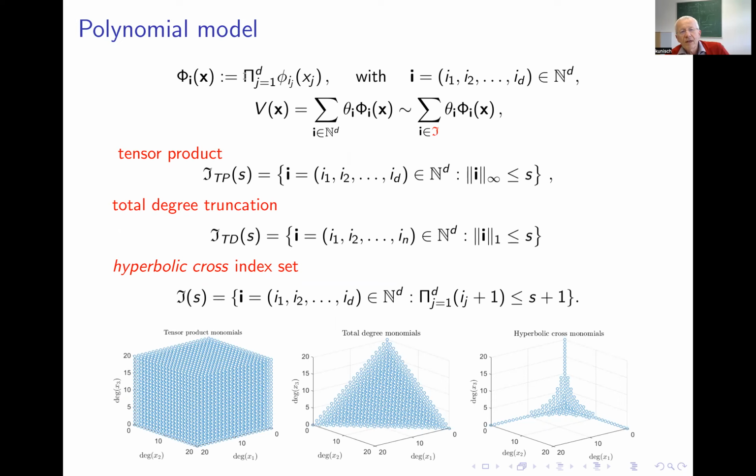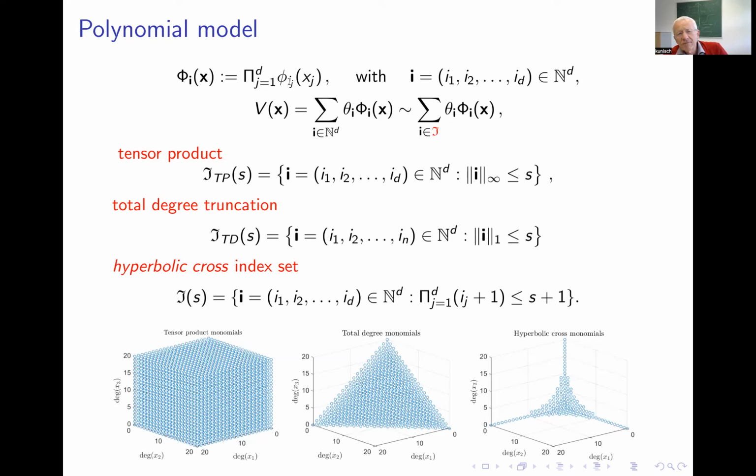We have this polynomial model. Instead, I'm going to take functions which are separable. I take separable functions as basis functions. You may think of these functions as monomials with exponent bounded by ij, so the degree of the polynomial is ij.